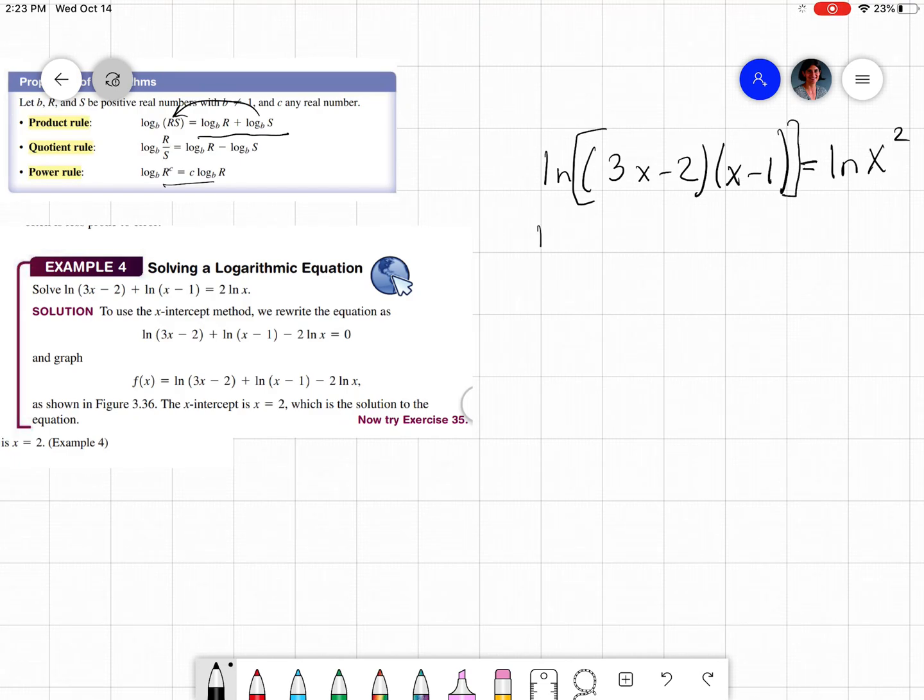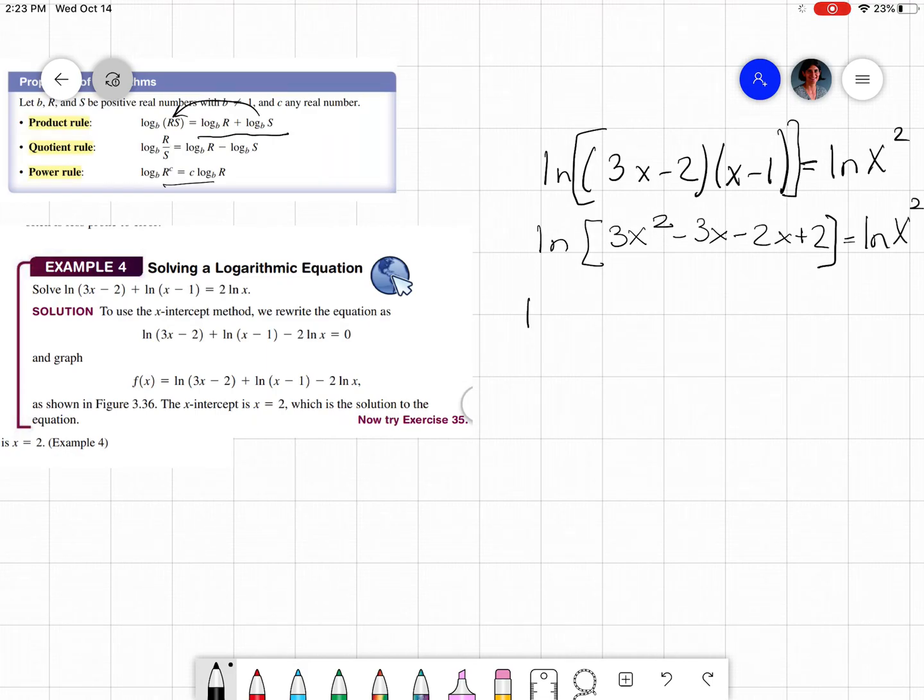All right, then I can go ahead and do that multiplication. So I'm going to have 3x squared minus 3x minus 2x plus 2. I'll go slower. I won't go fast. And this is still going to equal the ln of x squared.